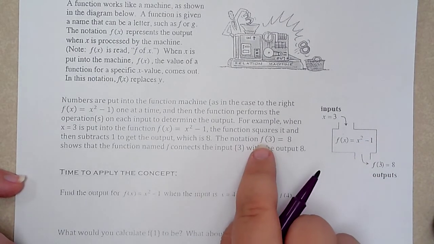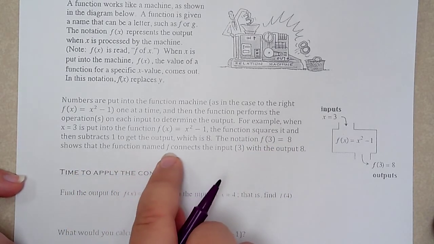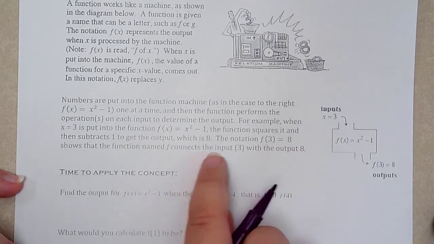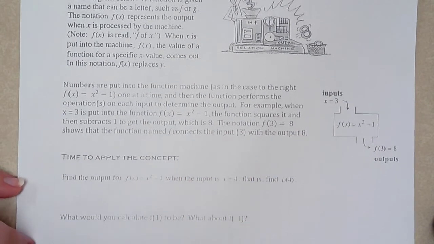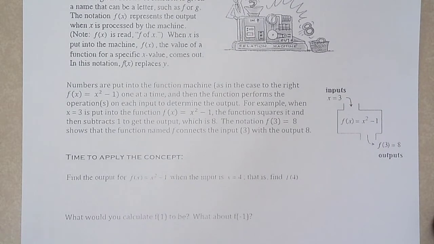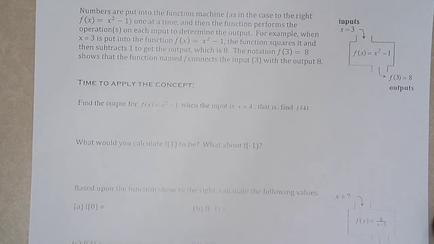The notation f of 3 equals 8 shows that the function named f connects the input 3 with the output 8. So that's a lot. That's a lot of reading, and let's put that into a little bit of actual context.